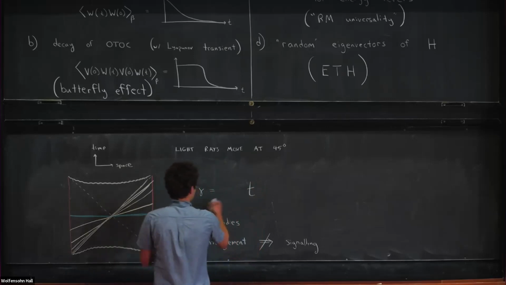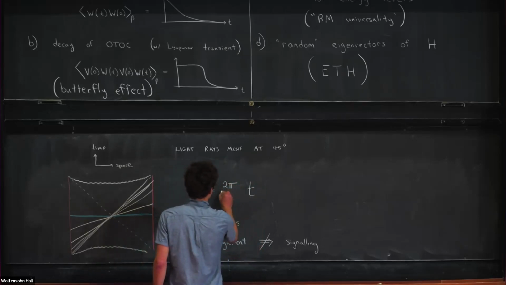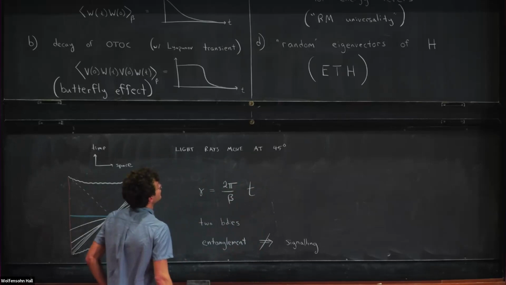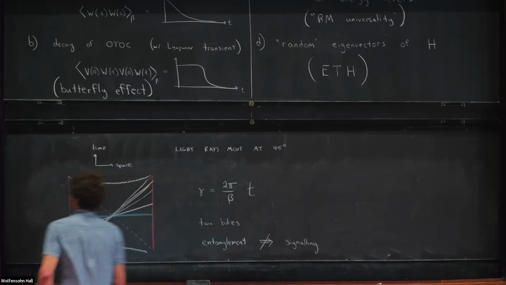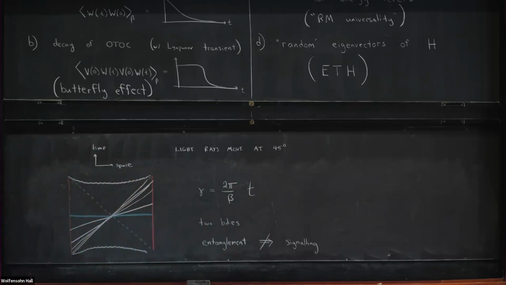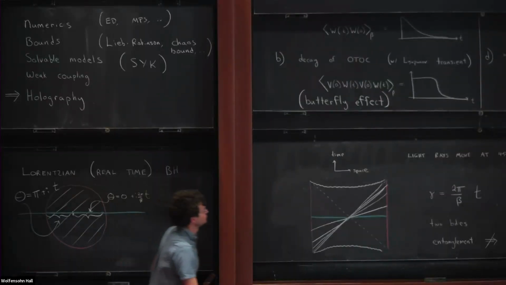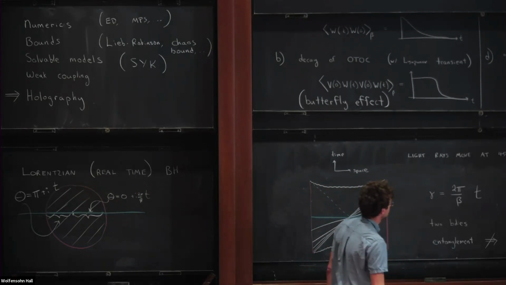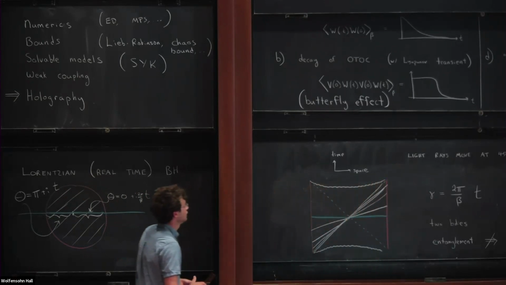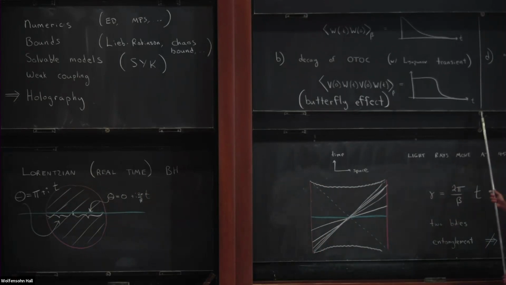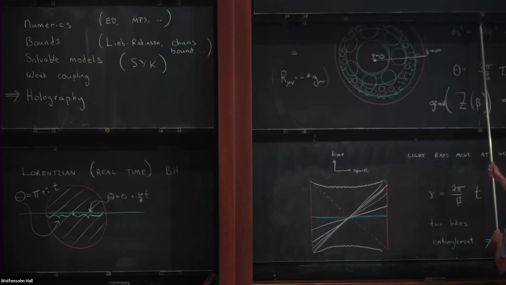So now we should be a little bit more careful. It's 2 pi over beta times t, because when I wrote this theta, I should have written i times 2 pi over beta times t. And that's the same factor of 2 pi over beta that we had on a previous board. Maybe I should move that one up so you can see. It's the same as this one.